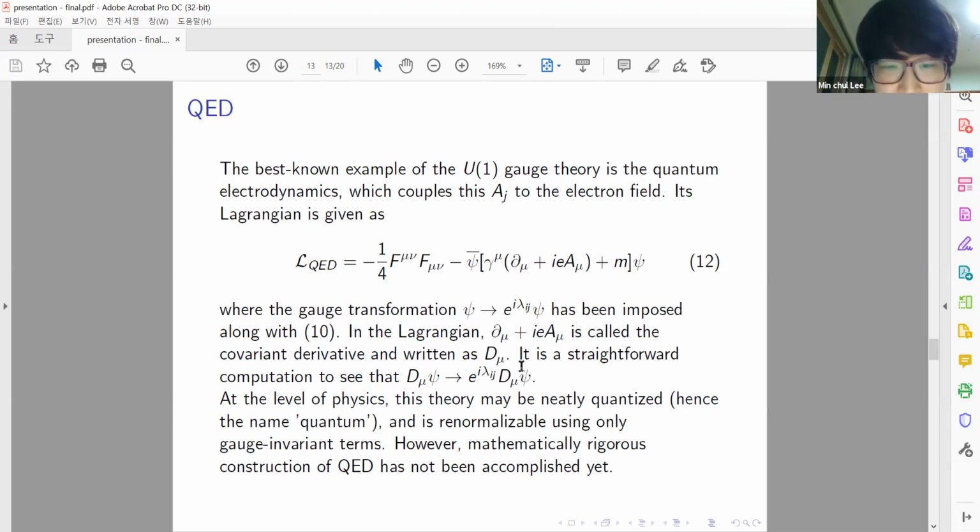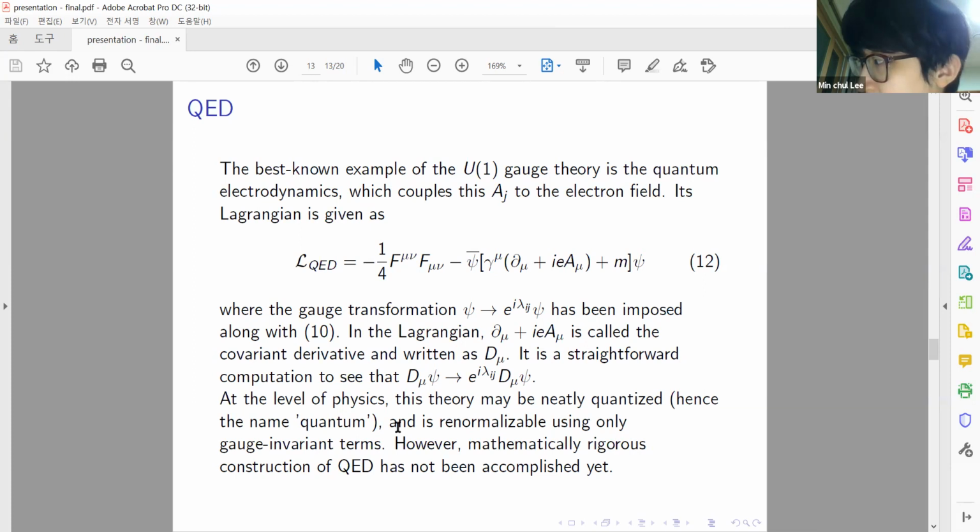Thank you. At the level of physics, this theory may be neatly quantized, hence the name quantum, and is renormalizable using only gauge invariant terms. In the standard physics books, the renormalization process is carried out using non-gauge invariant terms.